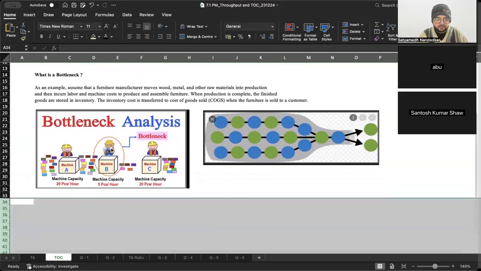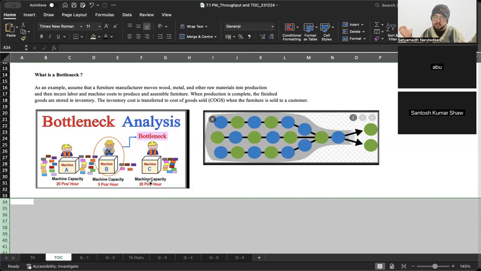Say, for example, this is a manufacturing process. Machine A can handle 20 pieces per hour, machine B can handle 5 pieces per hour, machine C can handle 20 pieces per hour. Now, A produces 20 per hour. The output of A becomes the input for B, but B can produce only 5.